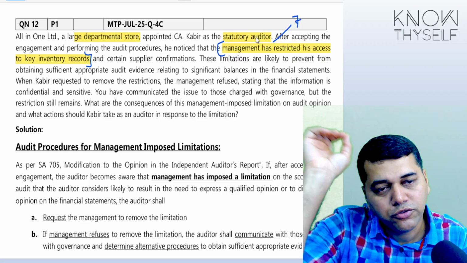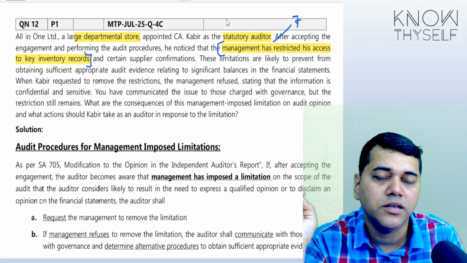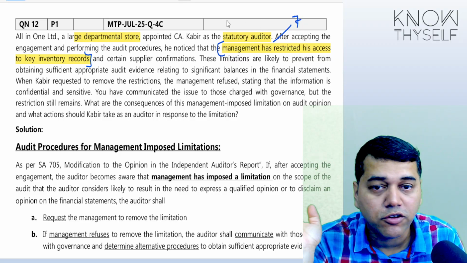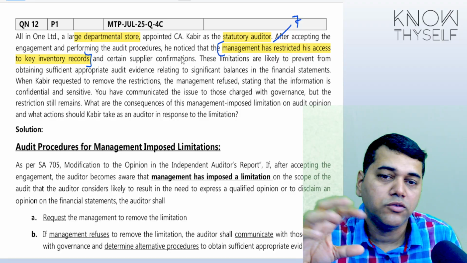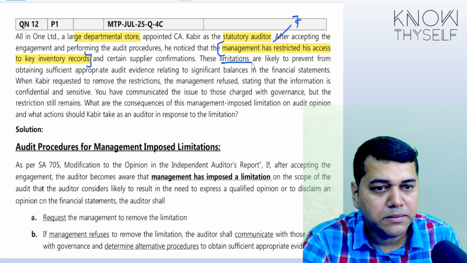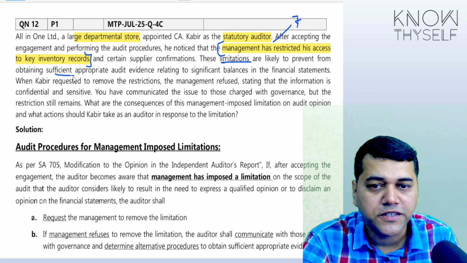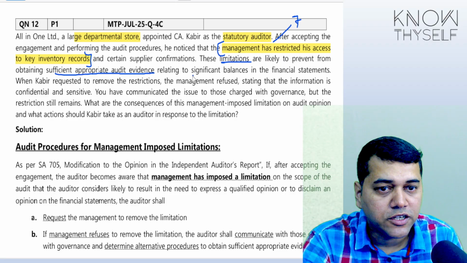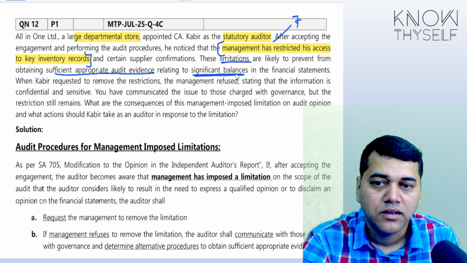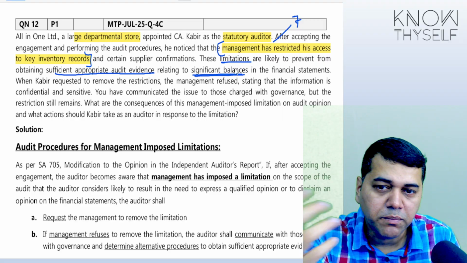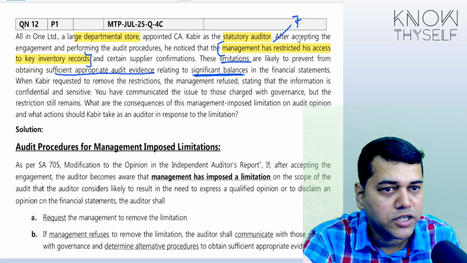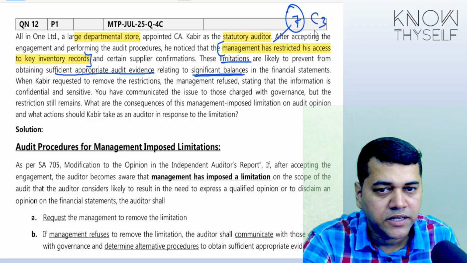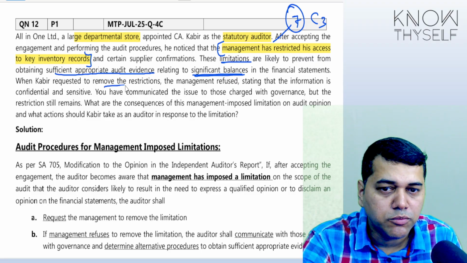And other than this, you see in your intermediate also we have got this. Now they restricted you. These limitations are likely to prevent obtaining sufficient appropriate evidence relating to significant balances. Now whether they are material or pervasive, we don't know till now, but somewhere you understood it is chapter number 7, concept number 3.